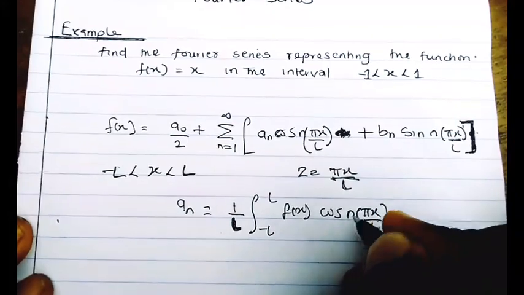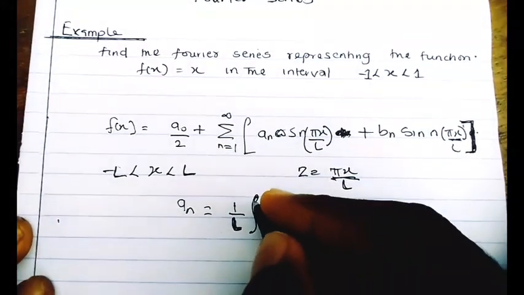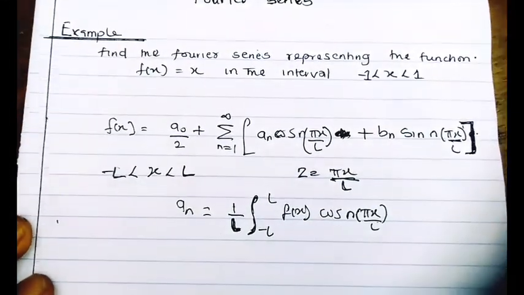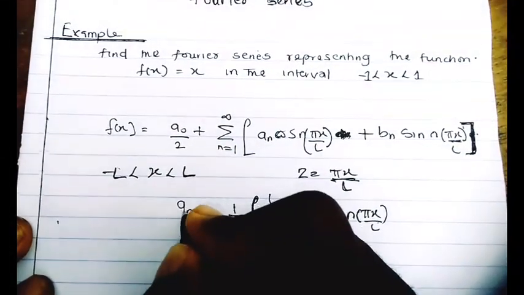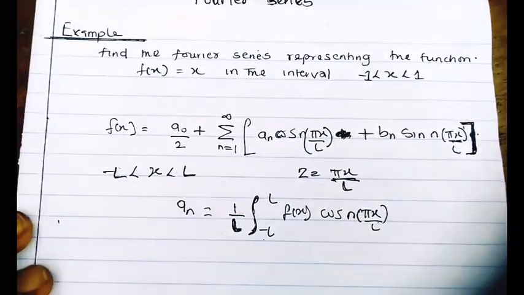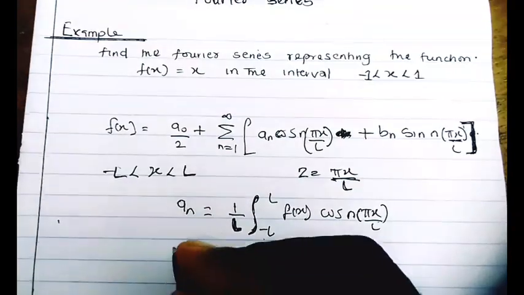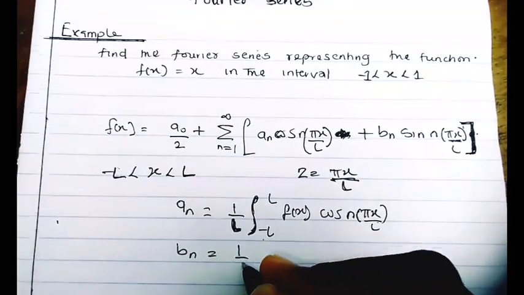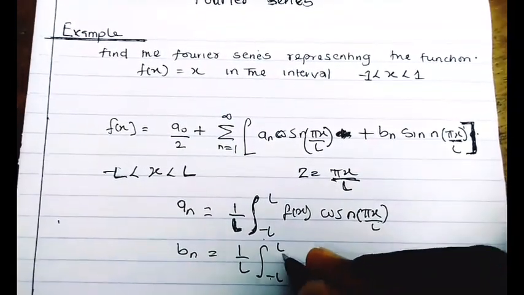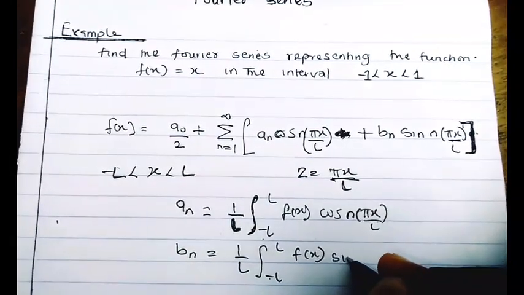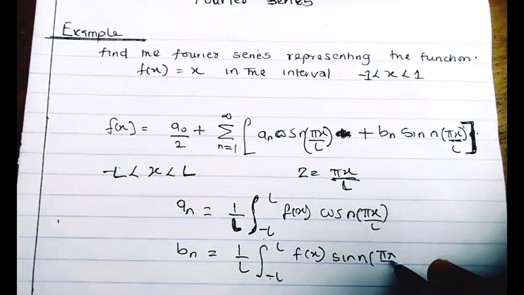You see, a lot of things have changed. It's just like rewriting my other Fourier series formula for an, but replacing pi with l. And bn is equal to 1 over l, integral from minus l to l, of f(x) sine n pi x over l.